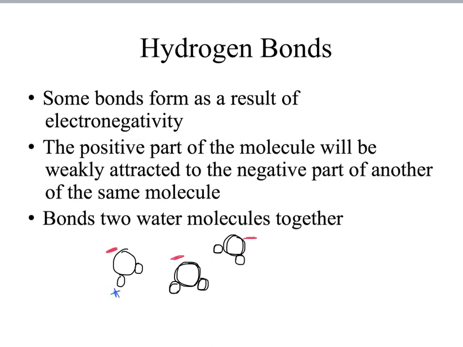And the hydrogens, because the electrons don't spend so much time by them, have these positive areas. That's the polarity. And what you get, as we saw with our ionic bonds, is an attraction between opposite charges. That attraction is called a hydrogen bond. It is not an ionic bond, it is a hydrogen bond.